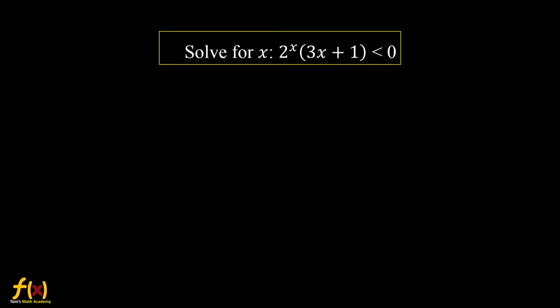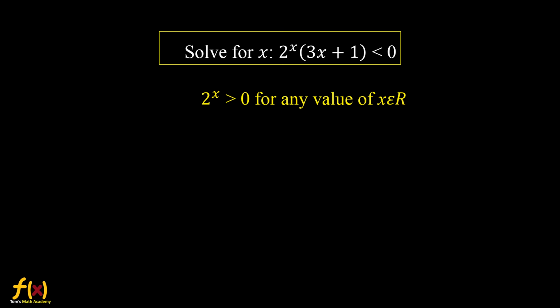Another question from inequality. 2 to the power x times (3x plus 1) less than 0. How to answer this? There is no quadratic equation here. We know that 2 to the power x will be positive, or greater than 0, for any value of x.